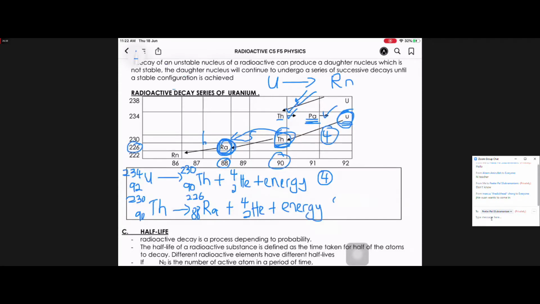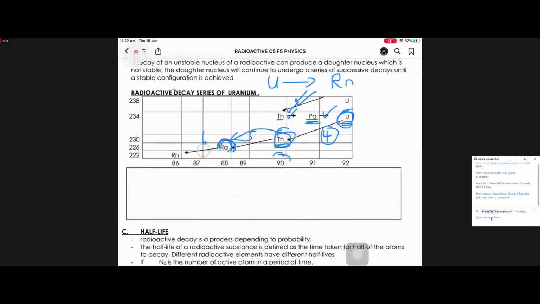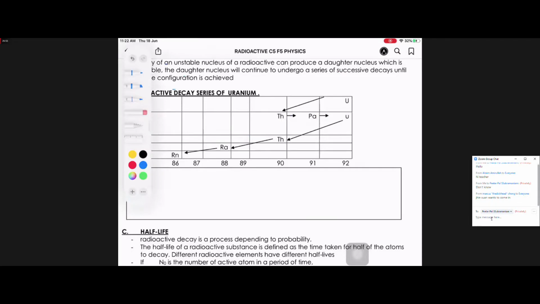Equation 4, equation 5 done. Okay, the last equation now, equation 6. We call the leader. Radium 226, 88.